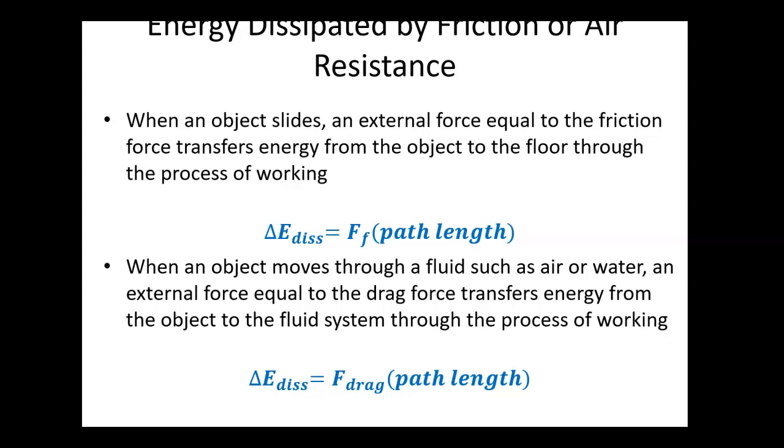But air resistance also causes a force that opposes motion, right? Air resistance causes a drag force. And so that drag force also causes energy to be dissipated. And similarly, you could calculate the dissipated energy by taking the amount of the drag force and multiplying it by the path length.